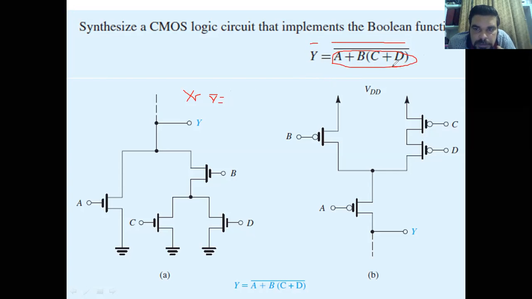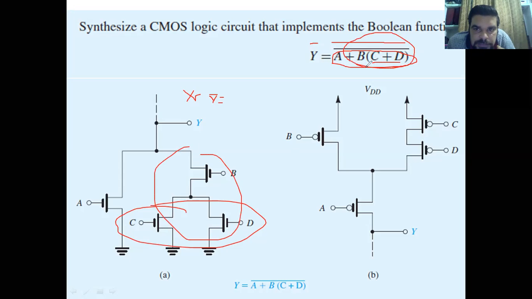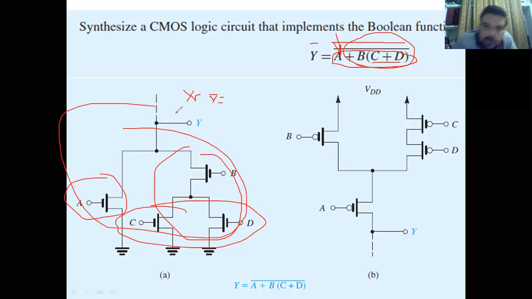So how will we design the pull down network? The two NMOS having inputs C and D will be connected in parallel. And another NMOS having input B will be connected in series with this combination, and this whole combination will be connected in parallel with the NMOS having input A. Okay, so this is how you need to design the pull down network.